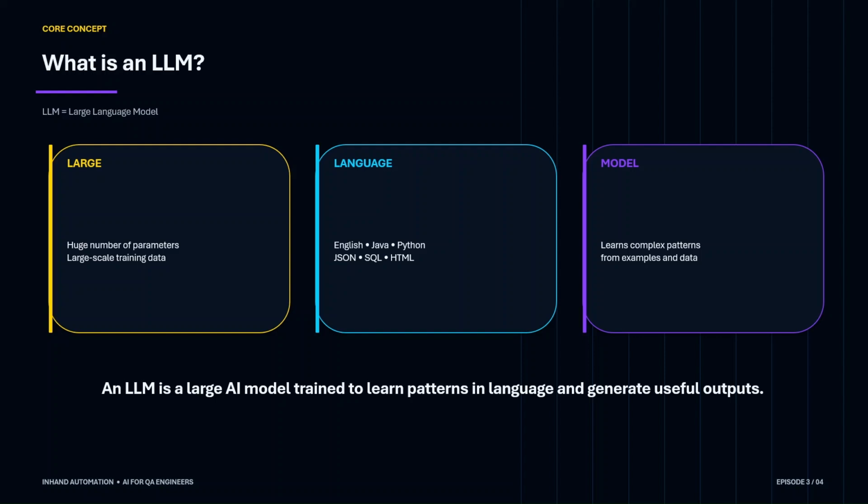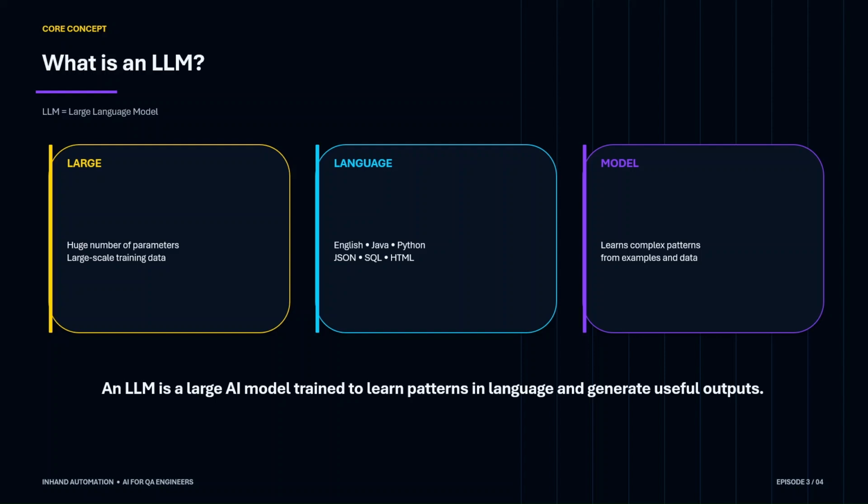We will start with language. Language means the model is designed to work with different kinds of languages and structured representations of code. For example, this model will process things like English, Java, Python, and many other forms of text. Now, the next word is model.